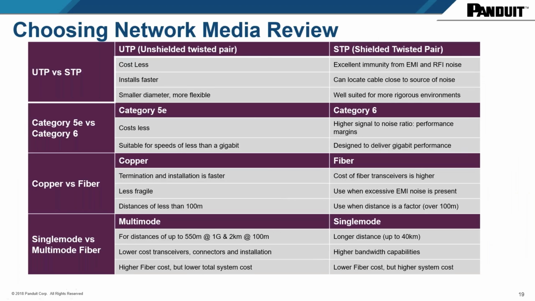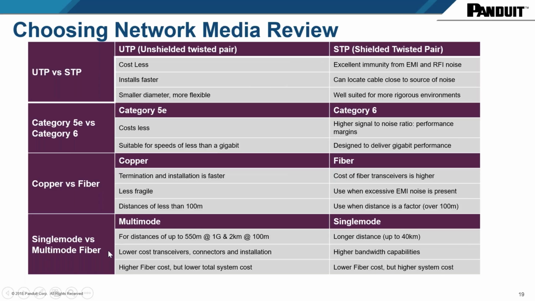Okay. So in this table, you will see when we need to use copper or fiber, what type of shielded or unshielded type of connectors and cables we need to use, and what it means in terms of cost, in terms of protection, and so forth.